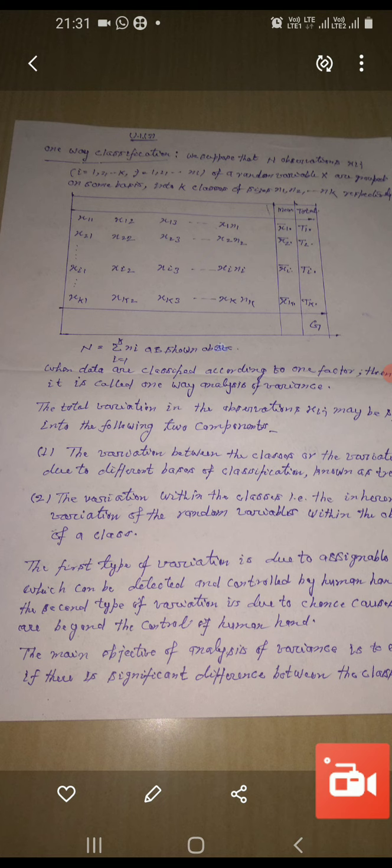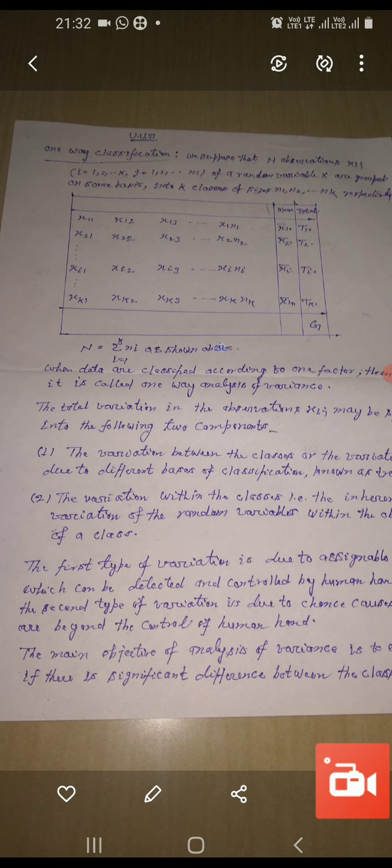In the figure it is shown, in the first row it is written as x11, x12, x13 and so on, x1 and n1. Similarly, in the second row it is written as x21, x22, x23 and so on, x2 and n2.